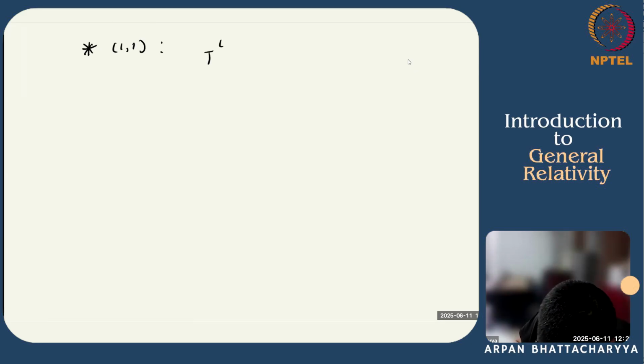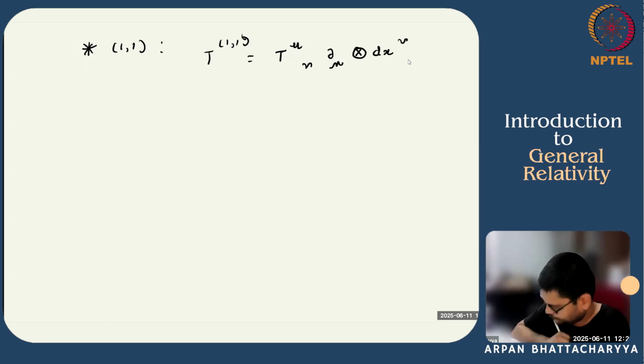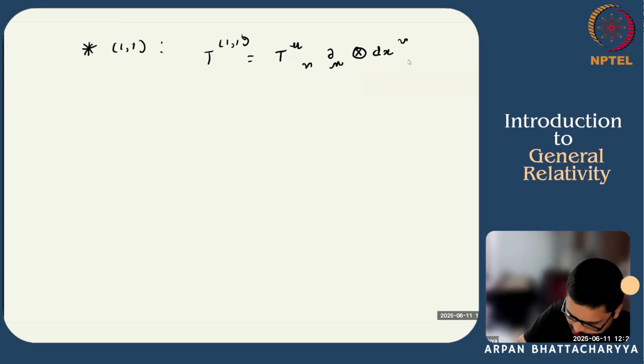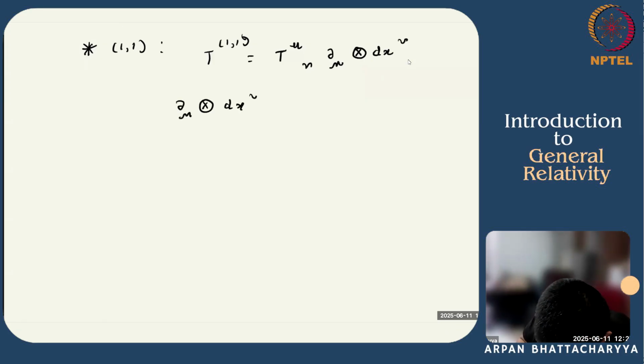It is denoted, so it will have one upper index, one lower index in the component, T mu nu del mu dx nu. Remember again that this is an ordered product, and in general del mu dx nu is not equal to dx nu del mu.